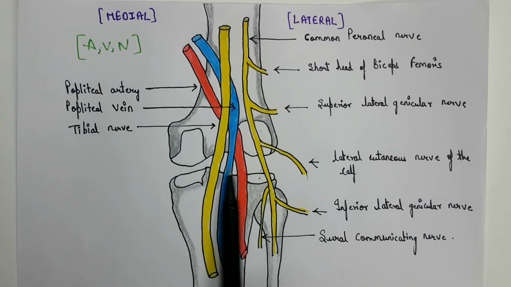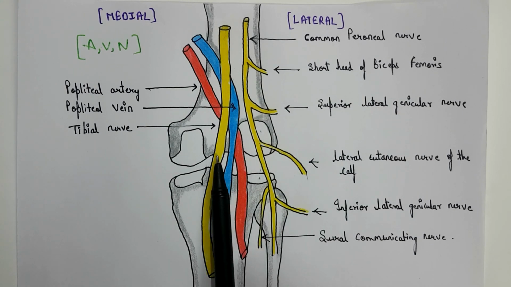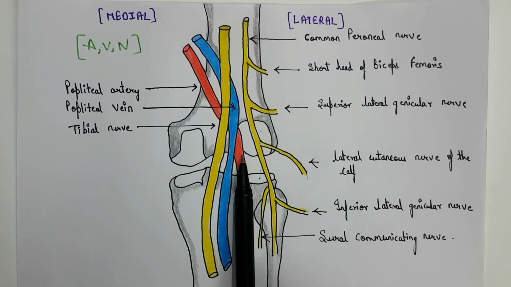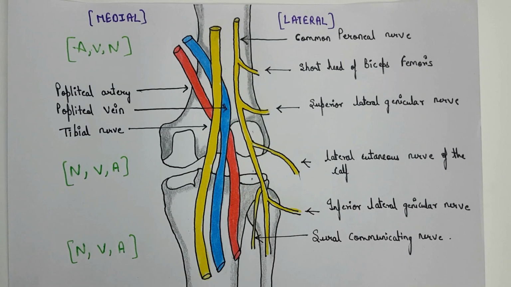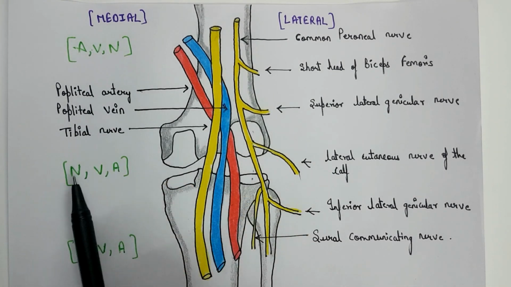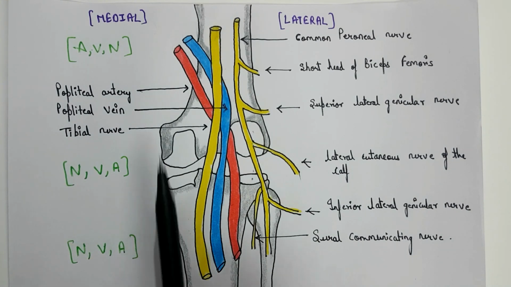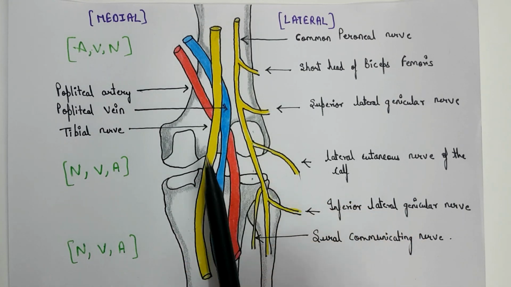Similarly, in the middle part of the popliteal fossa, the arrangement from the medial side to the lateral side becomes nerve, vein and finally the artery. And finally, on the lower part of the popliteal fossa, we have nerve, vein and artery, similar to the middle part. The AVN, the NVA and the NVA represents the change in relative position of these 3 structures in the upper, middle and the lower parts of the popliteal fossa.